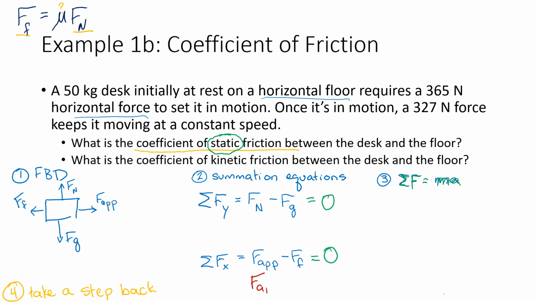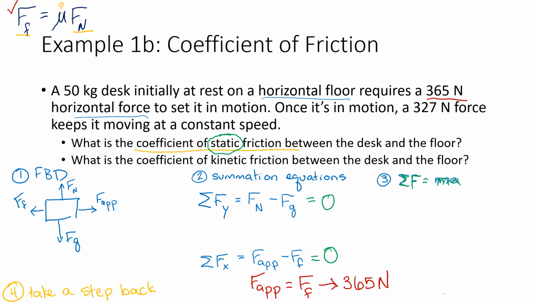So that means the applied force equals the force of friction. Do we know how much force we're applying? We're pushing, pushing, pushing, and it's not budging, or just barely starting to budge. This force. So we know that the force of friction is 365 newtons. Cool, we know that part.